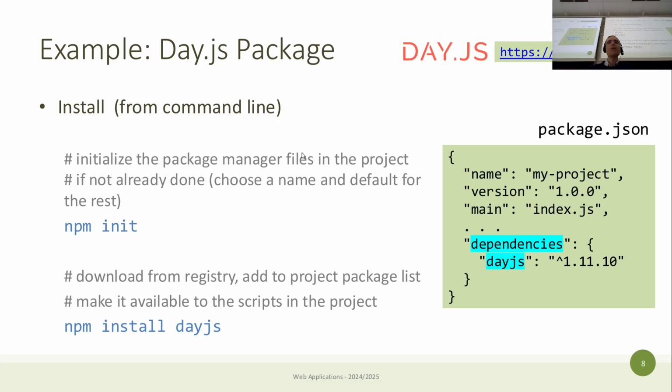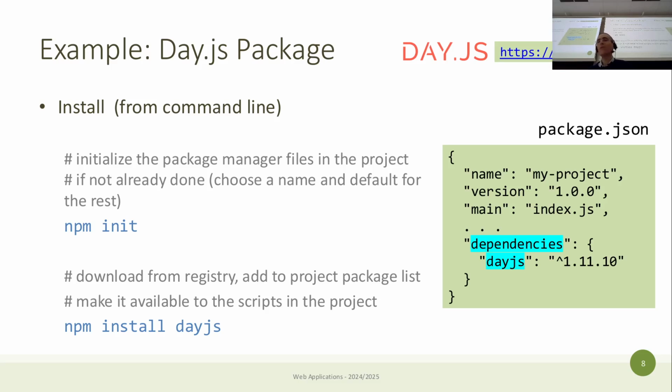Okay, so we saw the day.js example, and we saw that using npm is very easy, right? We go into an empty folder and we write npm init. You remember, we can do it again, but it asks you a few questions, just basic questions. Do you want to give a name to your project, a version, and so on?